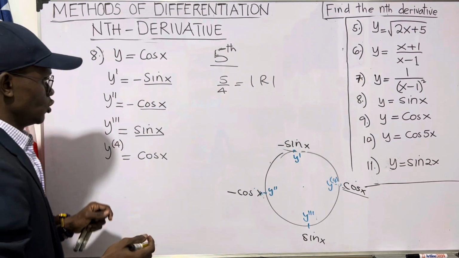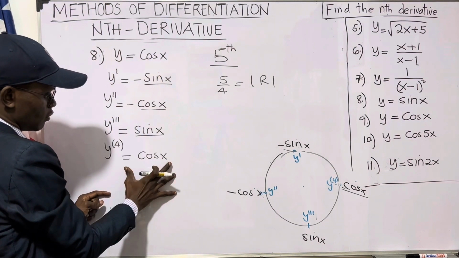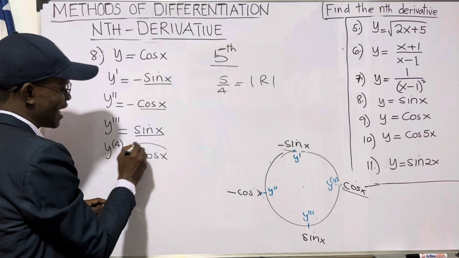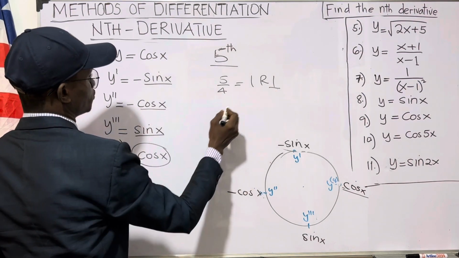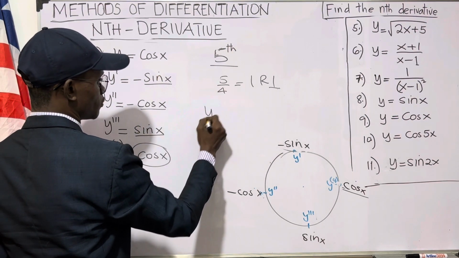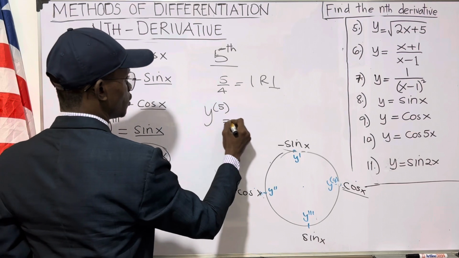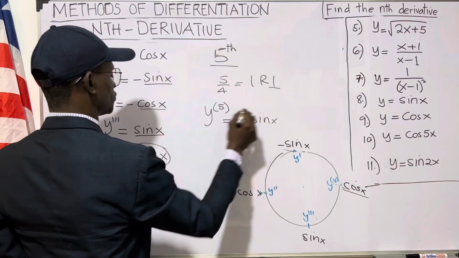It means you extract the first 4 derivatives to arrive back at the original function, and then you differentiate the original function one time. So the fifth derivative would just be equal to minus sine of x.